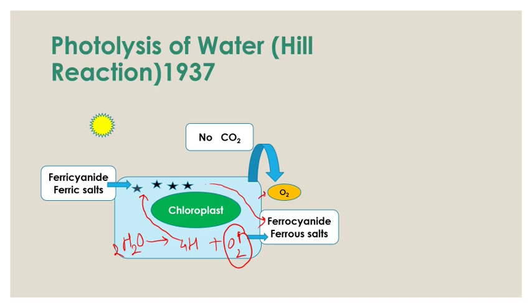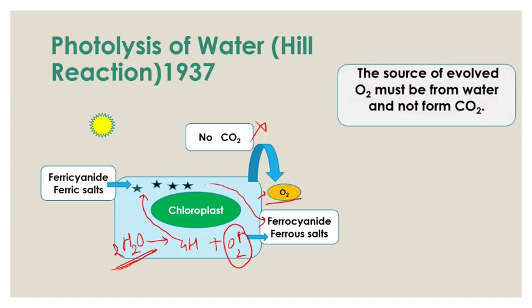This experiment by Robert Hill proves that splitting of the water molecule takes place to give out oxygen, and not carbon dioxide. Carbon dioxide does not split up, but it is the splitting up of water, photolysis of water, which releases the oxygen. The source of evolved oxygen must be water and not carbon dioxide.